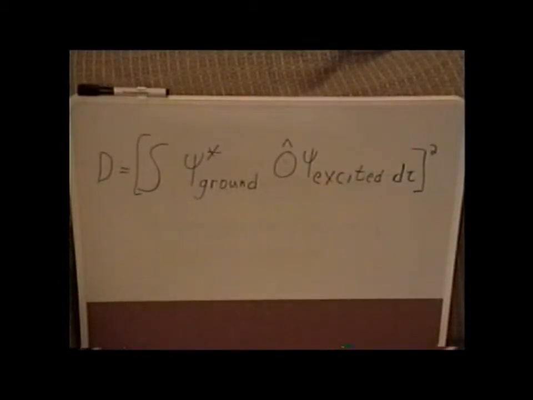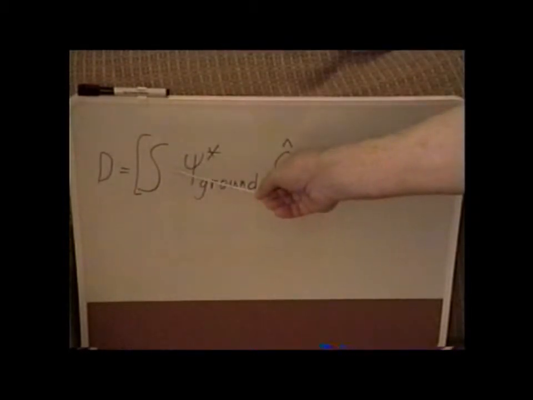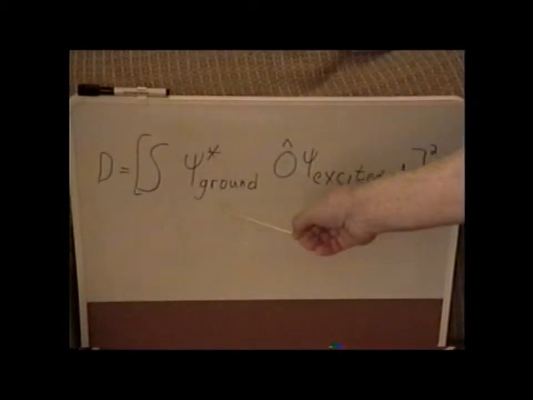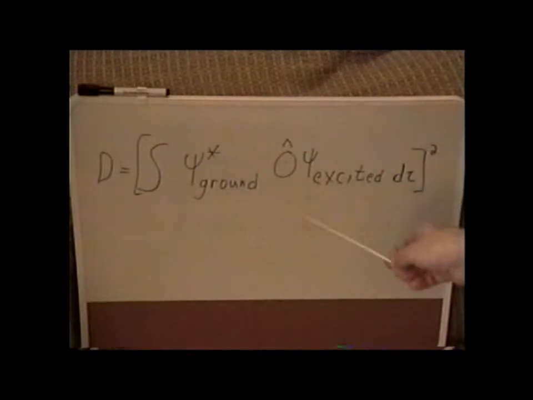The intensity of any spectroscopic transition, any transition event that we might see in spectroscopy, is related to this dipole moment vector D. We take the integral of the ground state times the operator times the wave function for the excited state, d tau, squared.